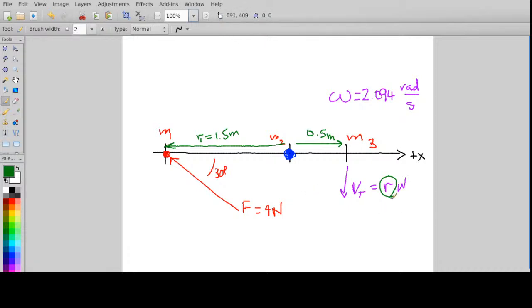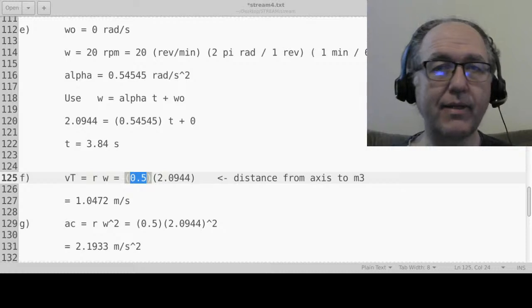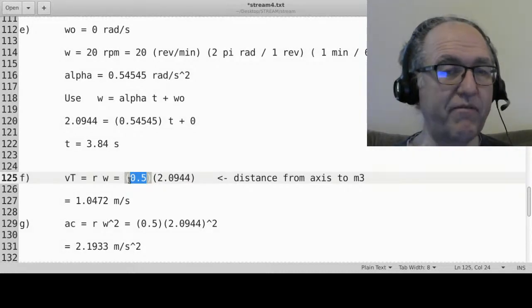And r is the distance from that object to, it would be right here, to the axis of rotation. And in this case, it's 1.5. Even though the force was being applied at 1.5, the m3 is at 0.5, and that's the one that we want there. Okay, so I hope that was clear, but that's why we have 0.5 in there.